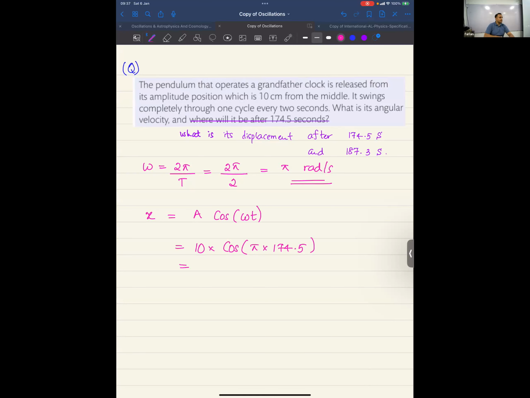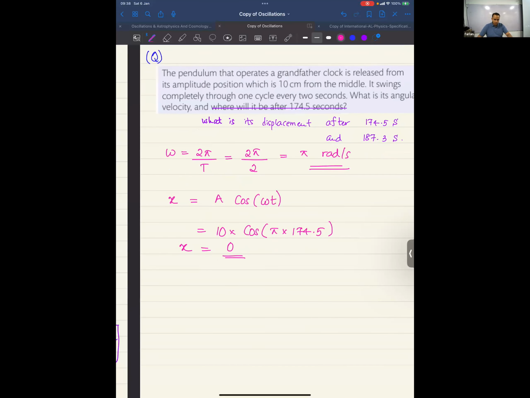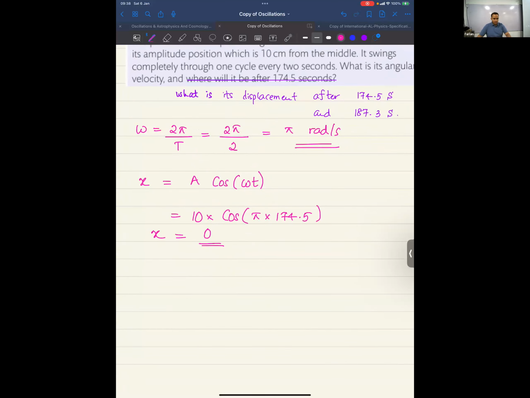But make sure the calculator is in the radian mode. Put the calculator in the radian mode. And check 10 cos pi into 174.5. You will be getting the answer 0. It's not 10 cm, so no, doesn't matter. I will be getting the answer in centimeters. That is the displacement when the time is 174.5.